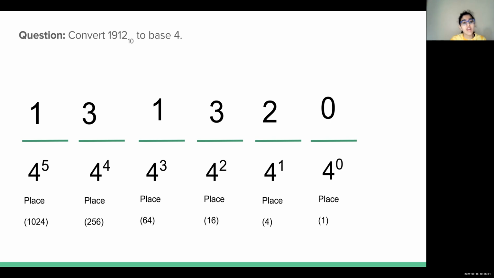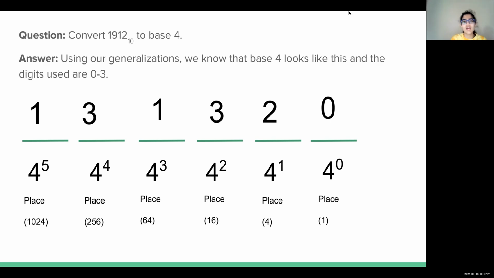Then we find how many 4 to the power 4s fit into that, and that's 3. Then we find how many 4 to the power 3s fit into that after we have subtracted 3 256s, and we get 1. We do the same for the rest of the numbers until we get to n to the power 0. So we know that our base 4 number looks like this.